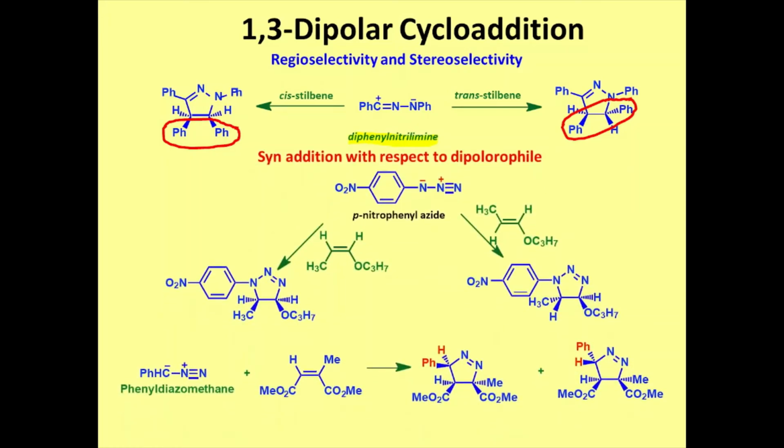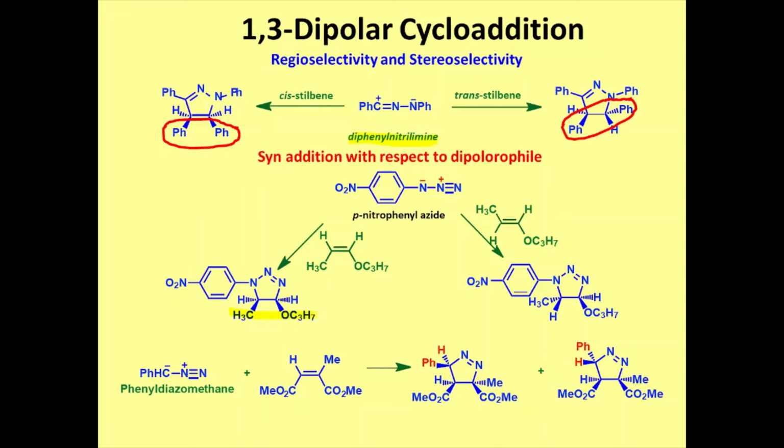We will see a couple more examples here. The first one is with para-nitrophenyl azide. As you can see, this para-nitrophenyl azide reacts with this olefinic ether system. The methyl and alkoxy groups are cis in the dipolarophile, and they remain cis in the product.